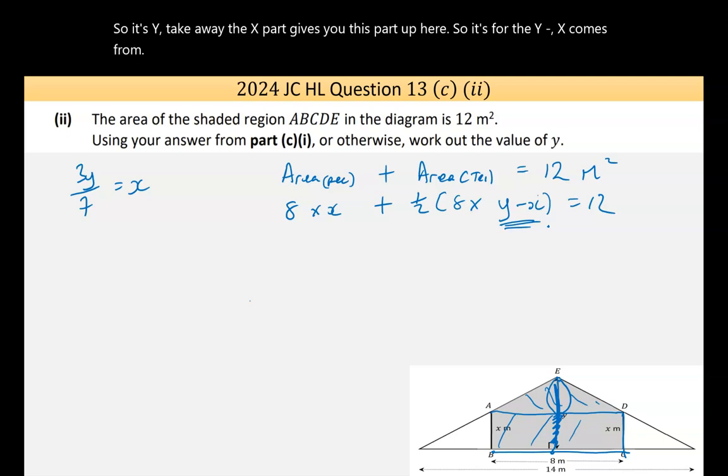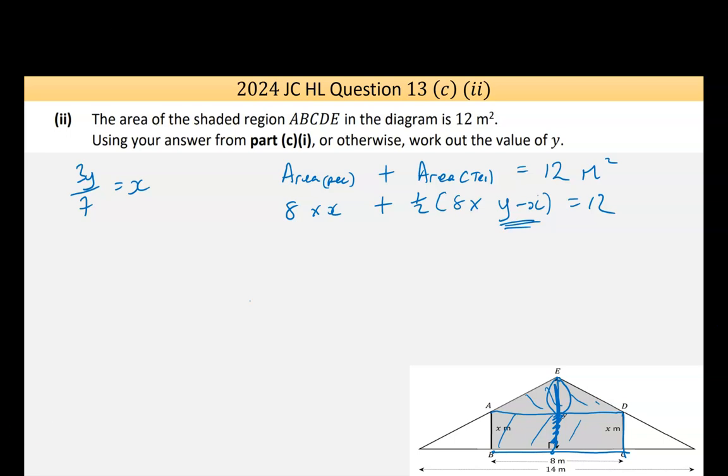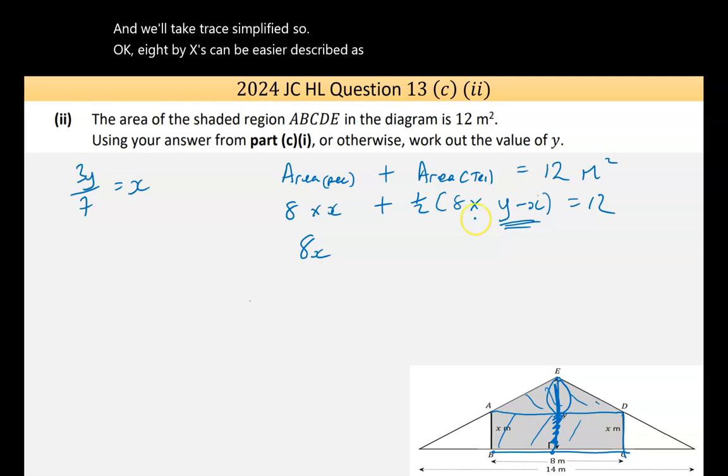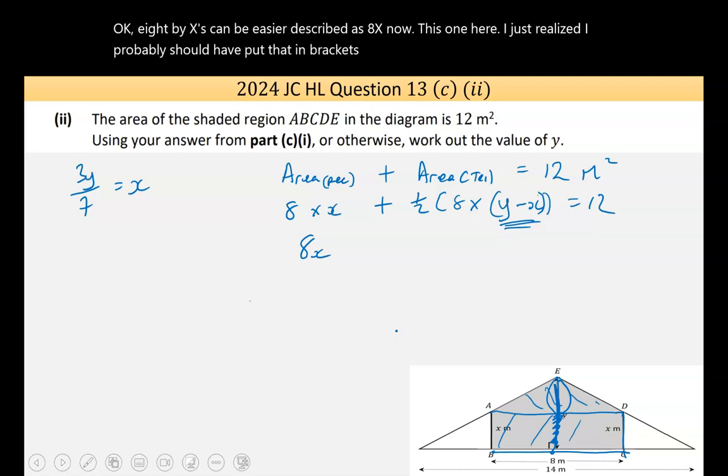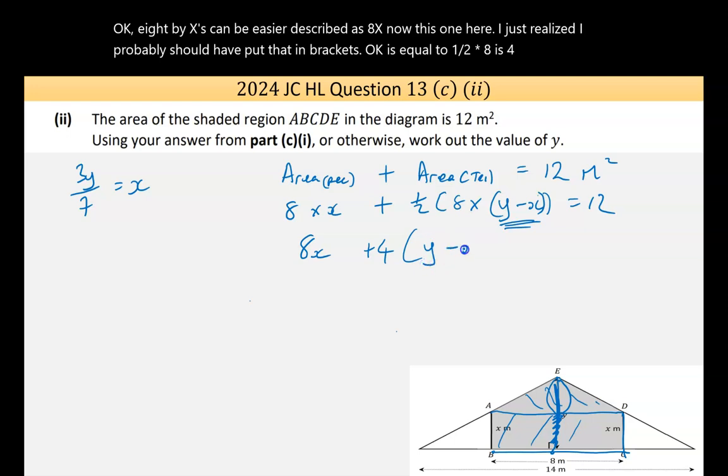So now we move on from that, and we'll try to simplify it. 8 by x can be more easily described as 8x. Now this bit here, I just realized I probably should have put that in brackets. It is equal to a half times 8, which is 4, times y minus x, is equal to 12.